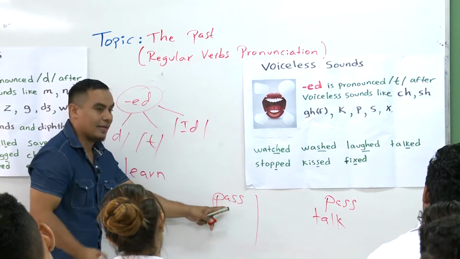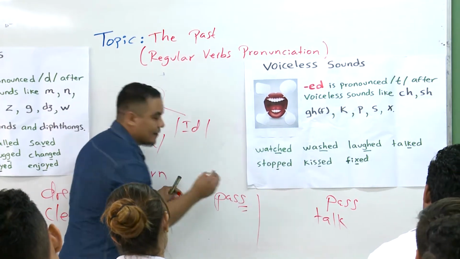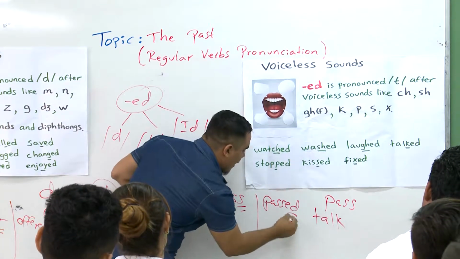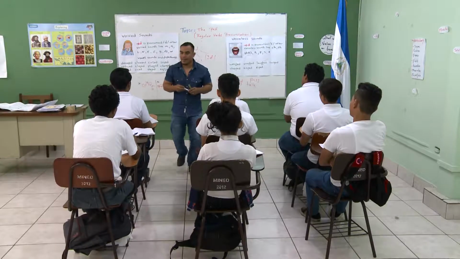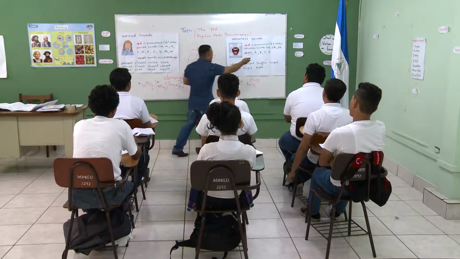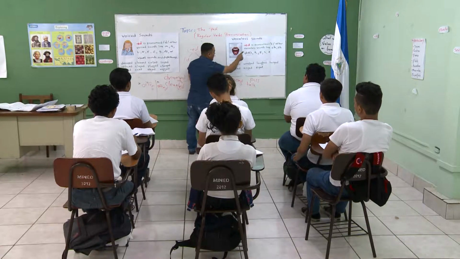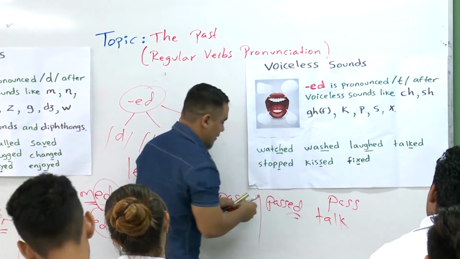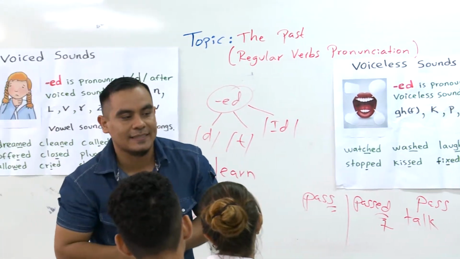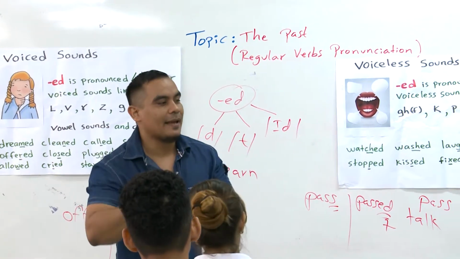The base form, what is the last sound? S. In the past, how do I say? Pass it? No, how do you pronounce it? Like T. ED is pronounced like T. So we say past. Say it, past.